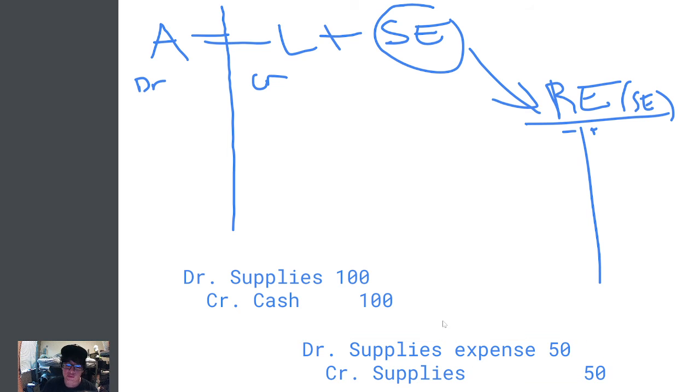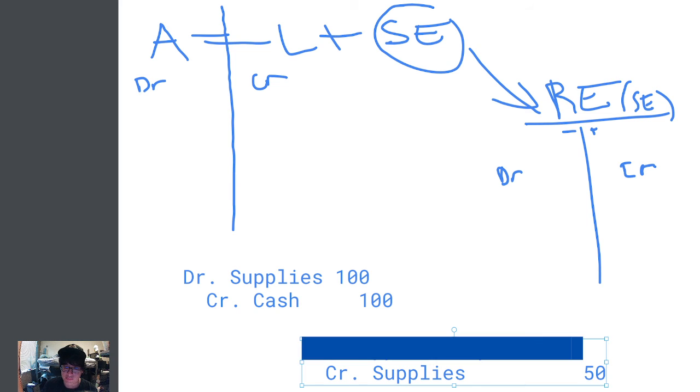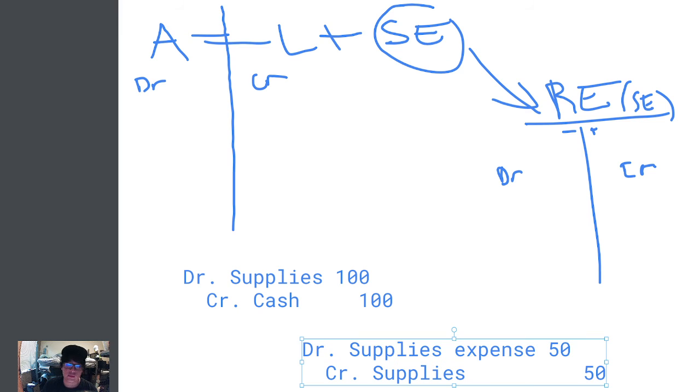So, if you're getting the gist of it already, debiting supplies expense, and crediting supplies. This means pretty much this.